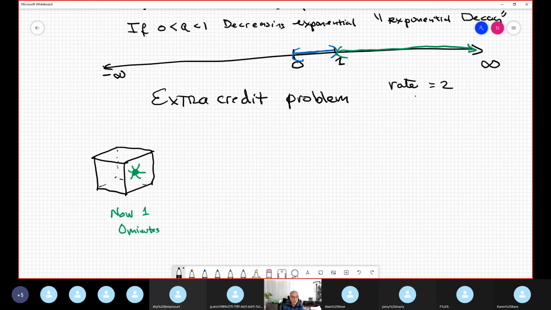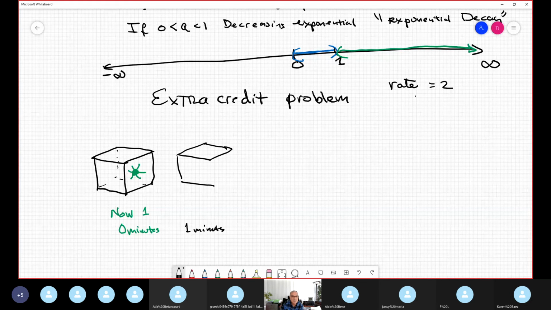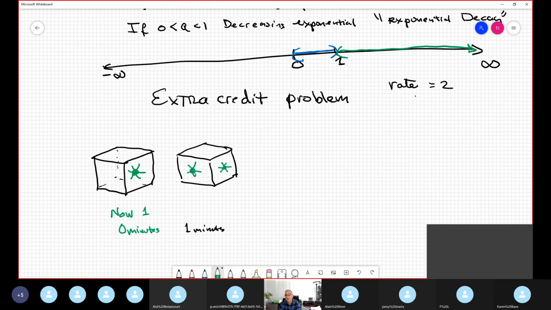Suppose that at t equals 1 minute, it is obvious that we have 2 coronavirus, right? Makes sense, right? Hey, everyone follow me or no? Okay, this is the exponential function.